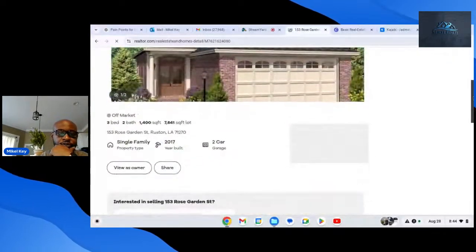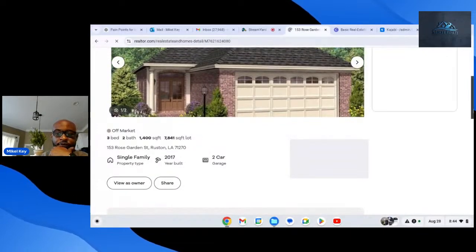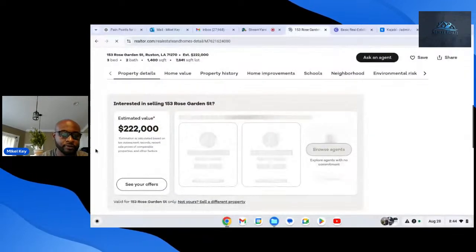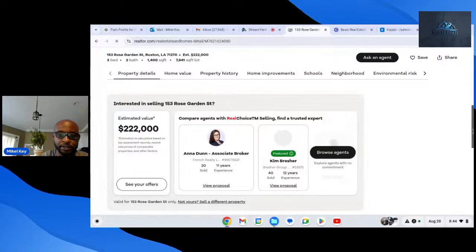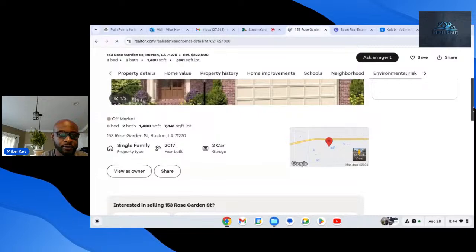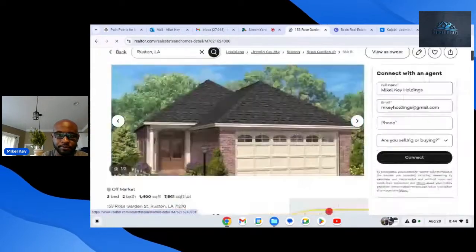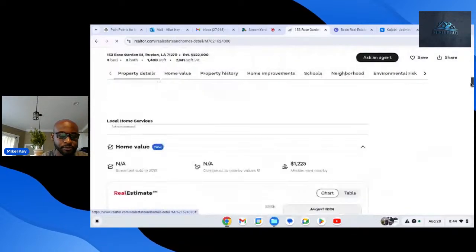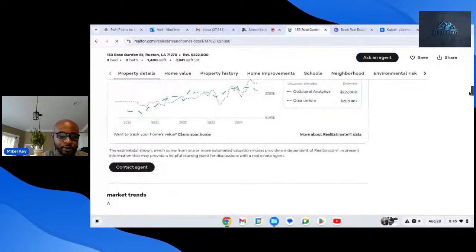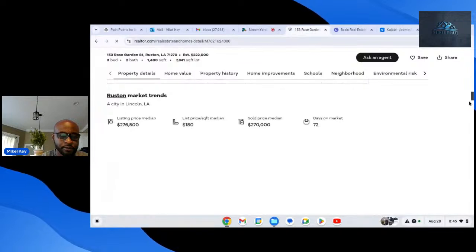It's an off-market property, 3-bedroom, 2-bath, 1,400 square feet. And this is on realtor.com, guys. Estimated value $222,000. Now, let's go down.